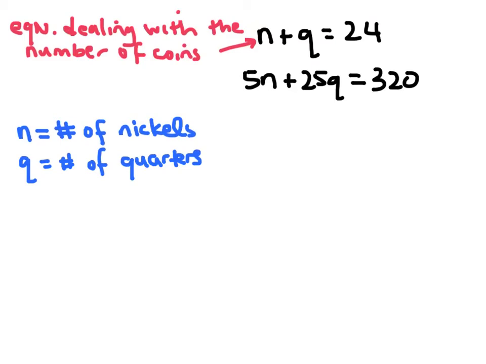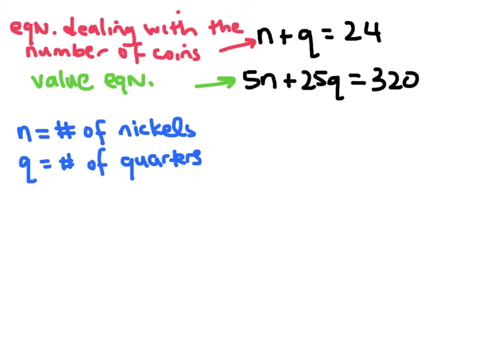So whenever we're looking at this, we could actually see that the value equation is when you multiply the amount of money a single nickel is worth times the number of nickels, and you add it to the amount of money a quarter is worth times the number of quarters, and it is set equal to the amount of money given in the problem.